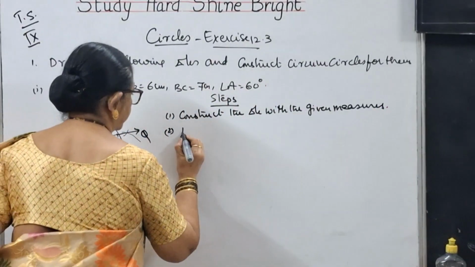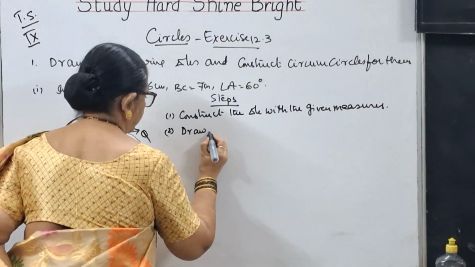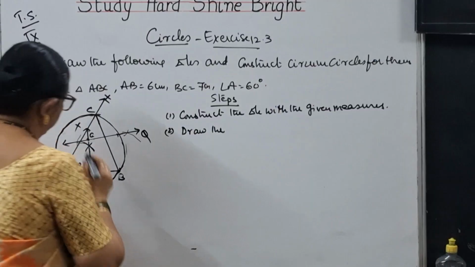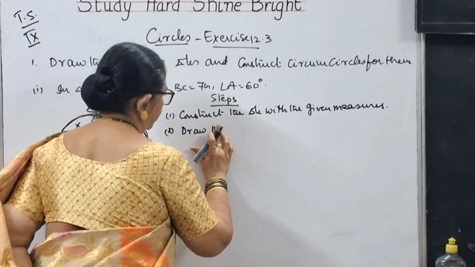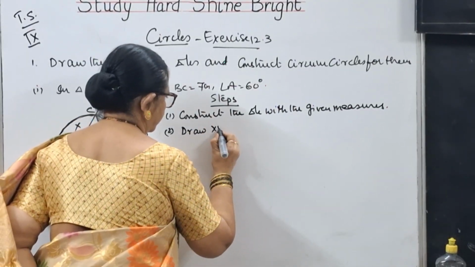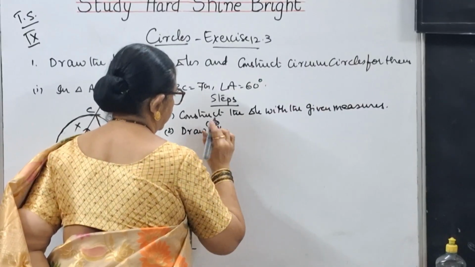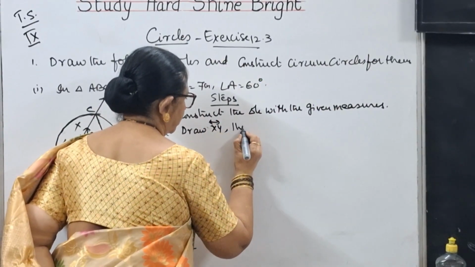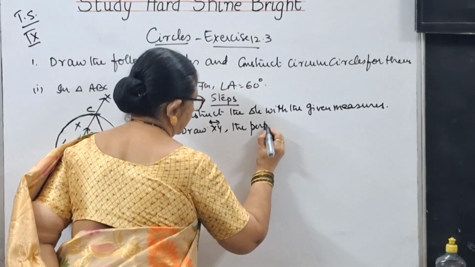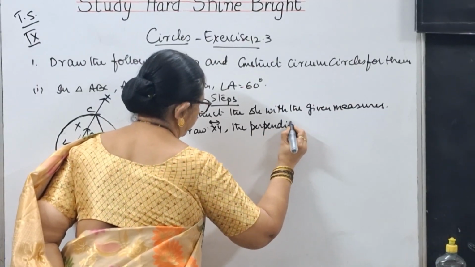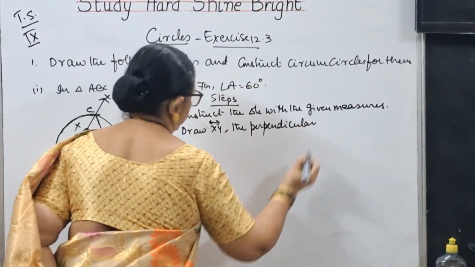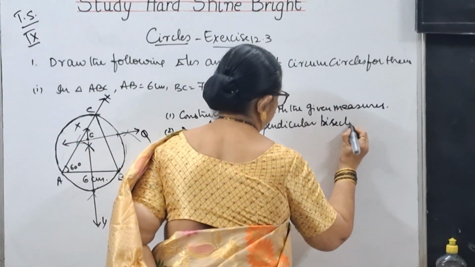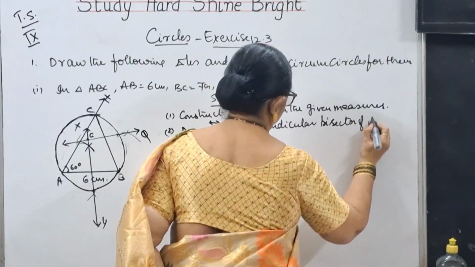Now, draw XY, the perpendicular bisector of AB.